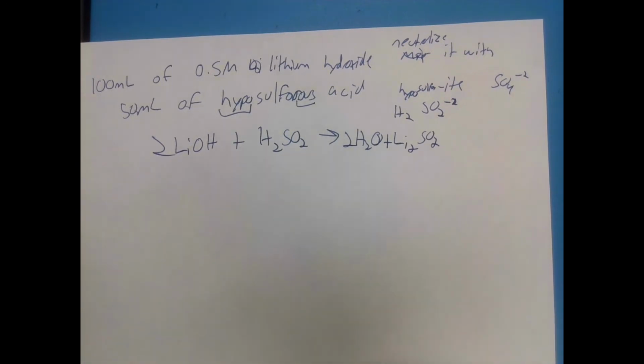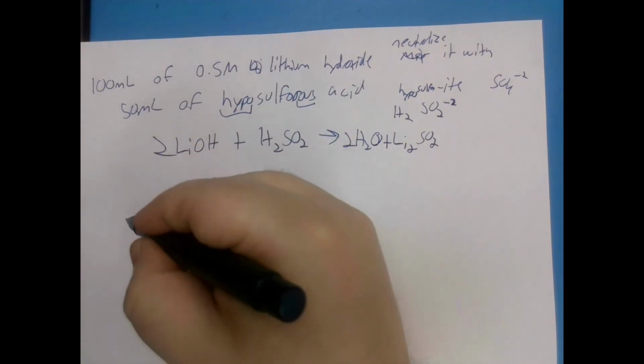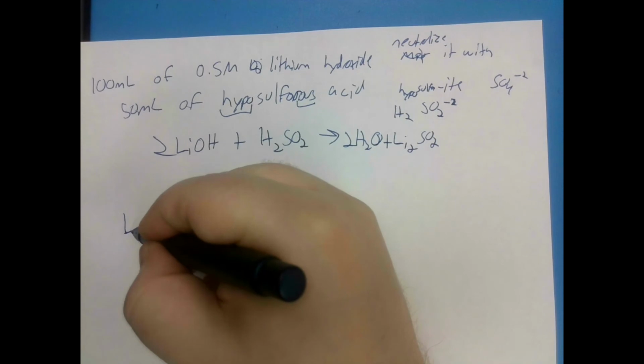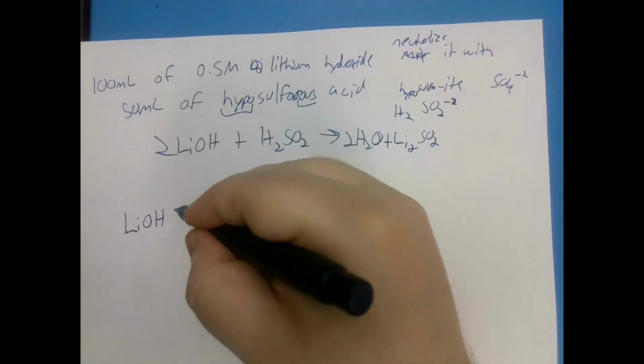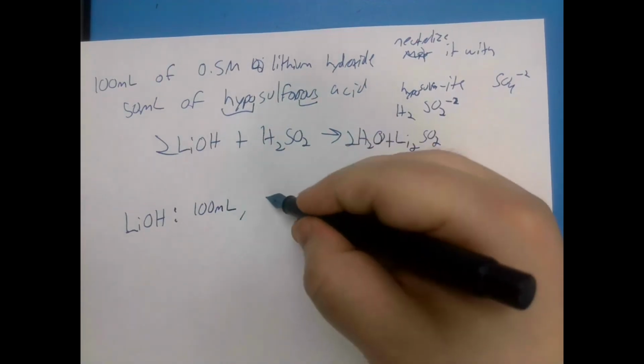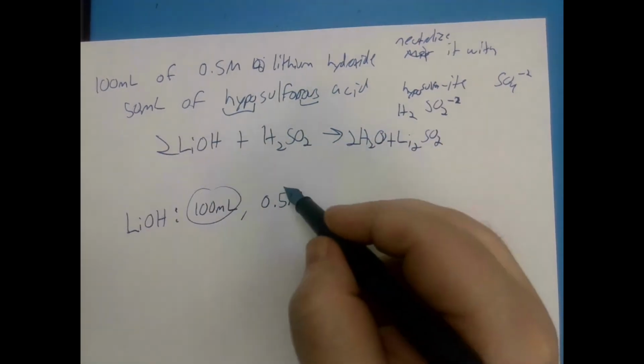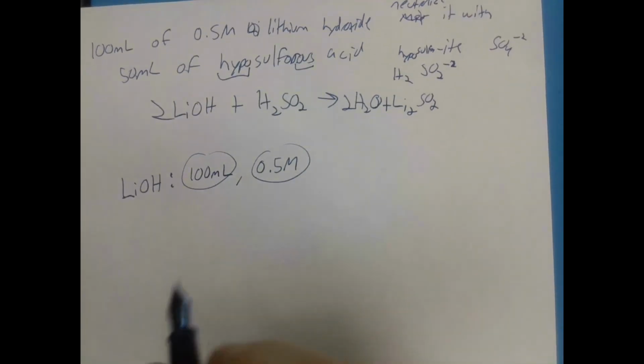How many moles of lithium hydroxide do we have? Again, what do we know about lithium hydroxide? We know we have 100 milliliters, and we have 0.5 molarity of it. These are the 2 things I know about lithium hydroxide.